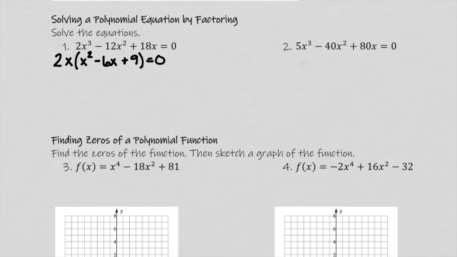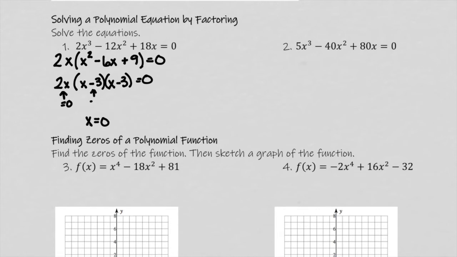All right, let's see if we can factor what's inside a little better. We need numbers that multiply to 9 and add to negative 6. That would be negative 3 and negative 3, which is the same thing as saying x minus 3 squared. Then if I solve these to find my zeros, 2x equals 0, so I divide by 2 and get x is 0.